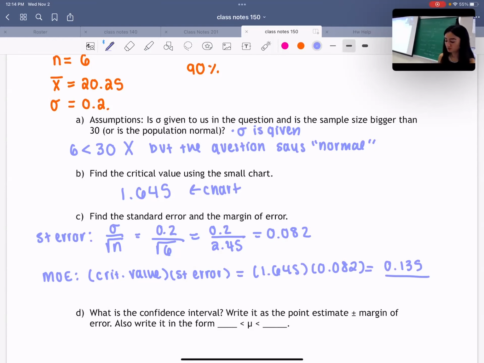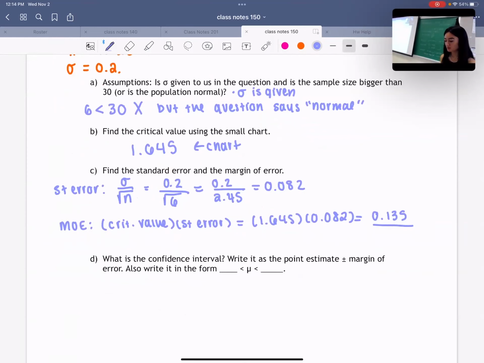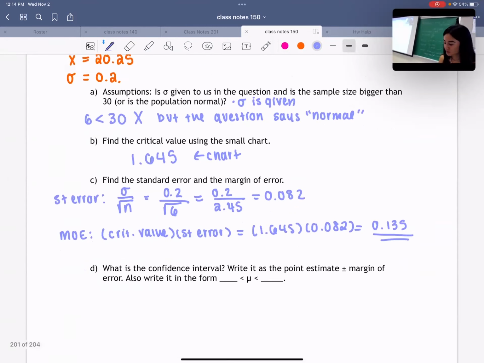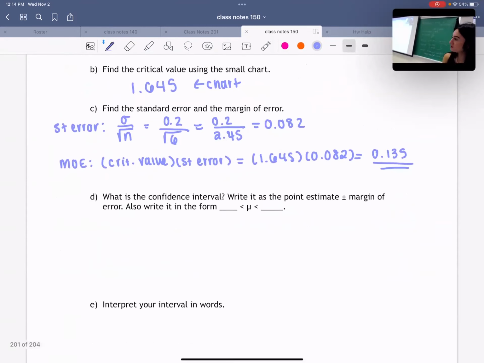Okay, well, we got that number. Making the confidence interval, no more calculations are needed. We just need to add and subtract. What am I adding 0.135 to? 20.25, right? So in order to find the confidence interval, you're going to take your X bar and add and subtract the margin of error.